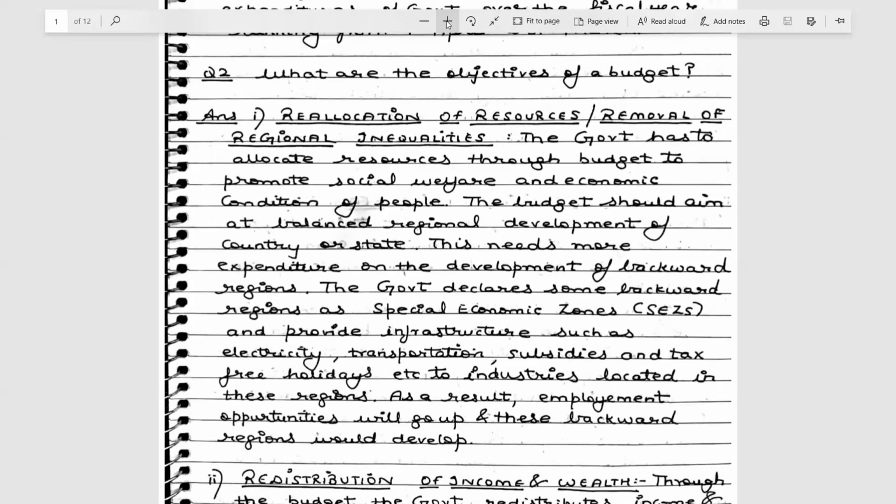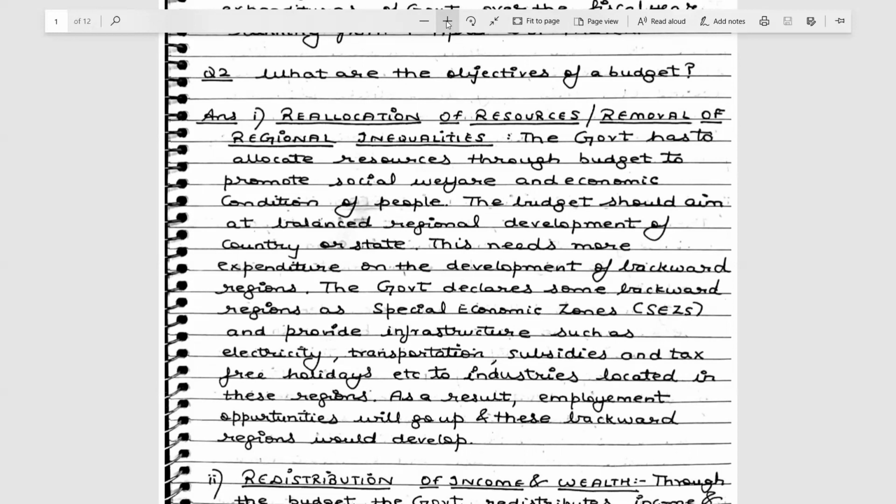Now, when the government plans to prepare a budget, it needs to take into account the social welfare and economic conditions of the people. How the resources are getting reallocated, how to remove the regional inequalities which exist.